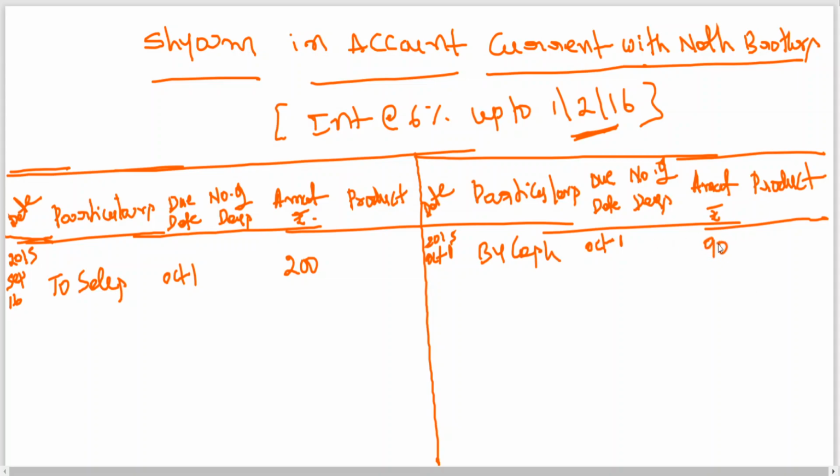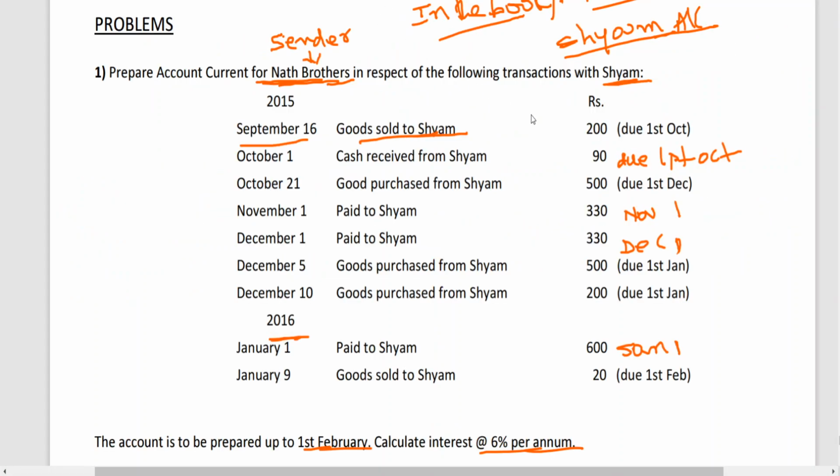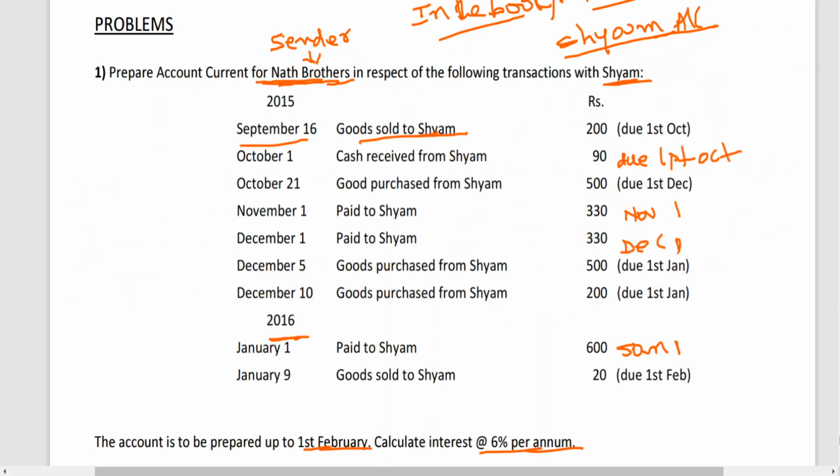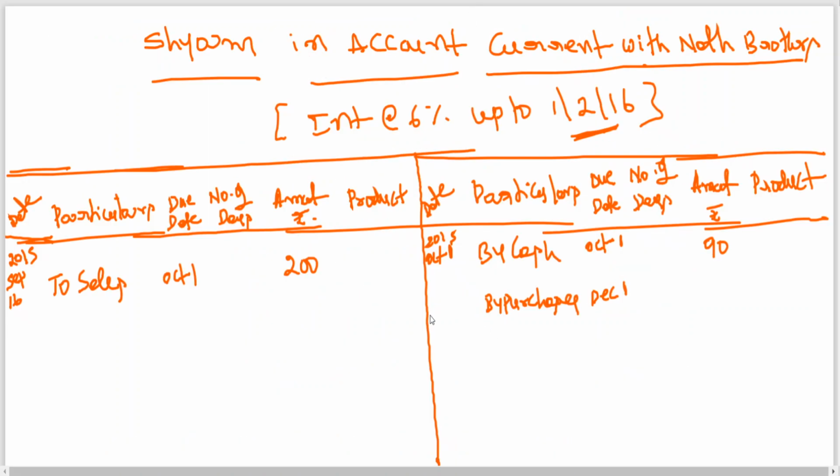Amount 90 rupees. Then October 21st, goods purchased from Shyam. Entry: purchases to Shyam, by purchase. The transaction date is October 21st. Amount 500 rupees.